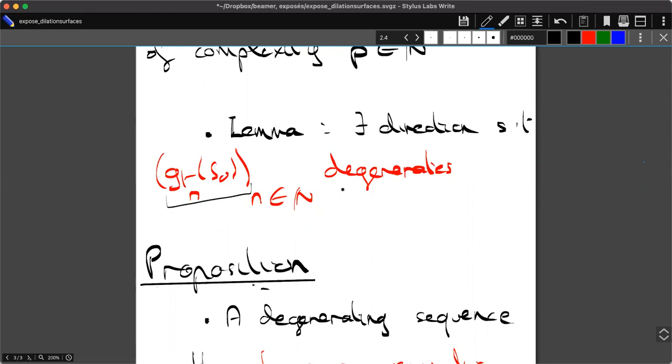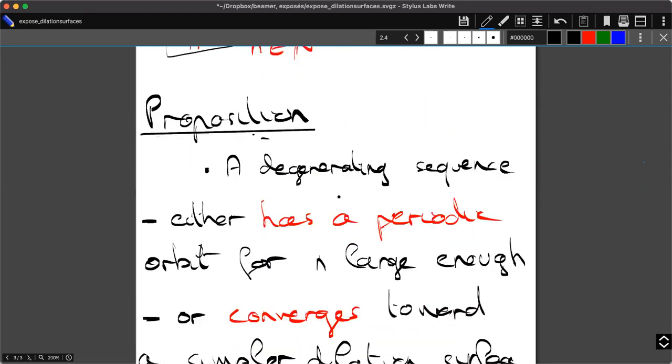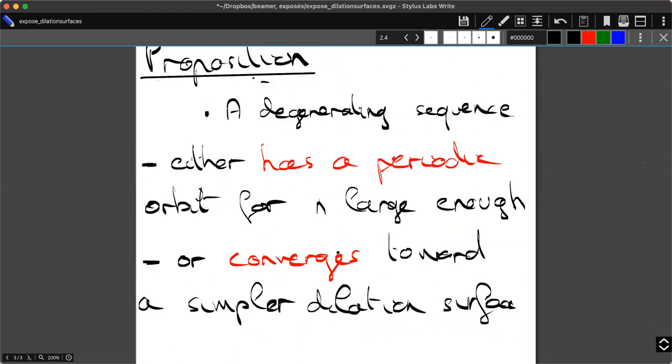Or if it is not the case, there is a subsequence which converges toward a simpler dilation surface. The hard part here is not simpler, because as I told you, our definition of degenerating implies that you will shrink a triangle. So if it converges, it is clear that it will be simpler in the sense that you will have killed at least one triangle. But what's more intricate is the convergence part.